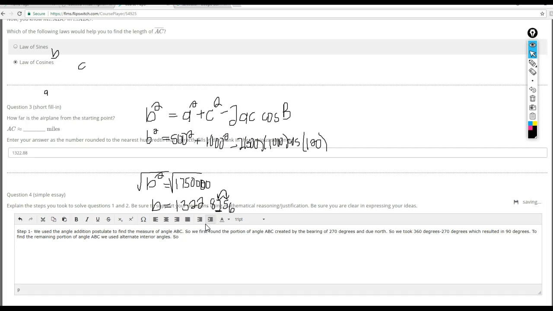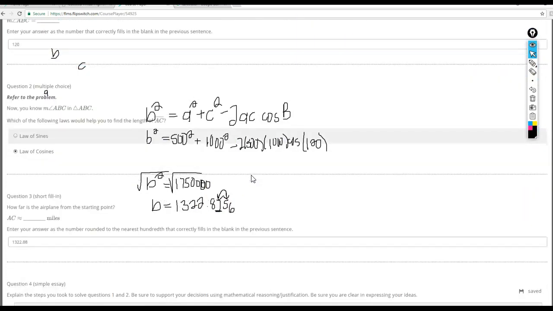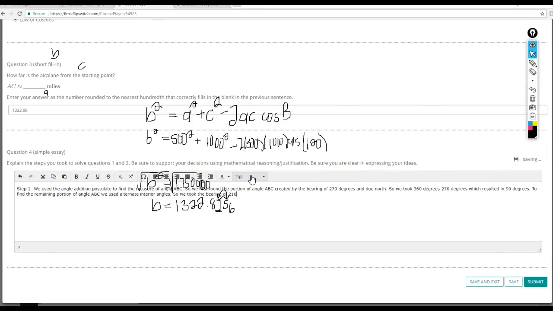So we took the bearing of 210 degrees, turned 10 degrees, and subtracted 180 degrees, since this would leave the interior angle measure, which was 30 degrees.